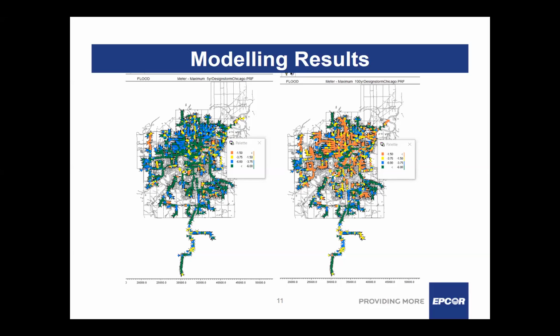You can see there's more flooding at 100, meaning the red dots mean that the hydraulic grade line at those locations is within 1.5 meters below ground, meaning that they're within the basement elevations in the city. So when we see red like this, we try to address them, especially for the low return frequency events like the 1 in 5 years shown on the left side.